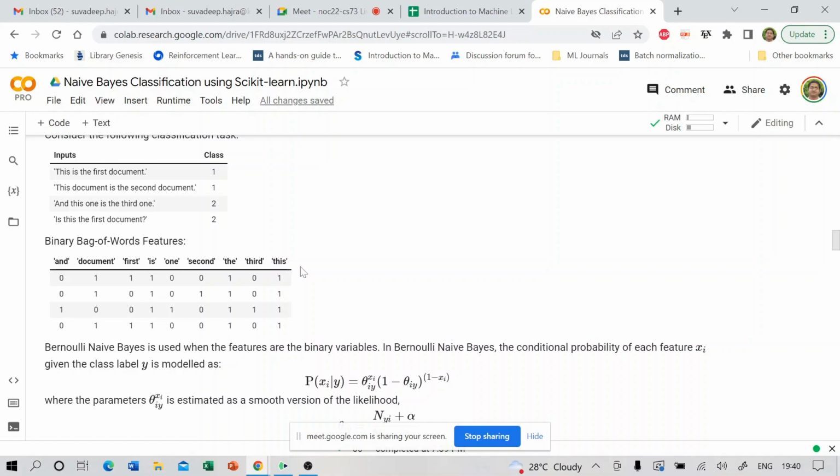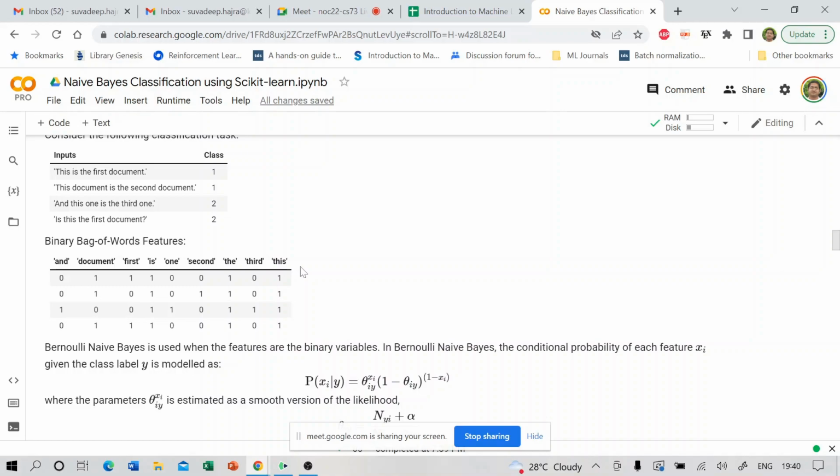Anyone? Is it 0? It's 0, right? Okay. And what will be the probability of x2 is equal to 1 given y is equal to 1? 0.5.